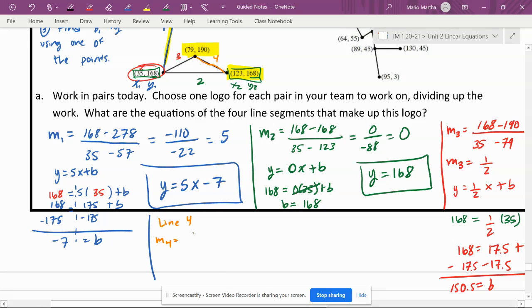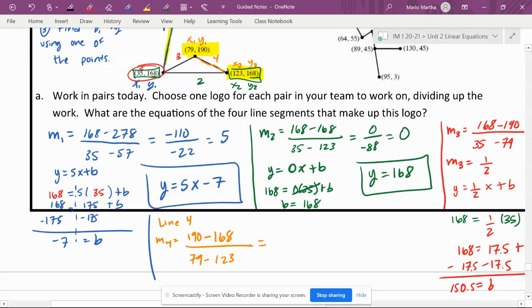that's equal to, again, change in y, which would be 190 minus 168, right? This is our x1, y1. This is our x2, y2. Divided by 79 minus 123.